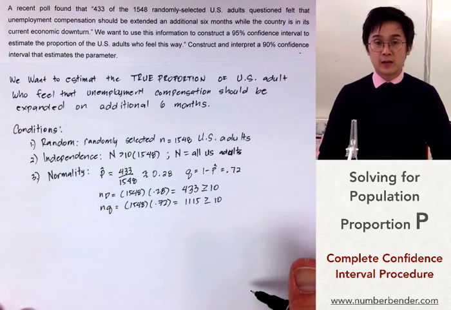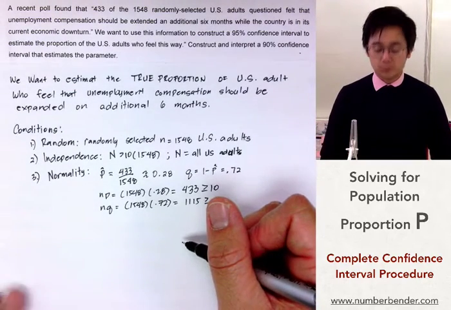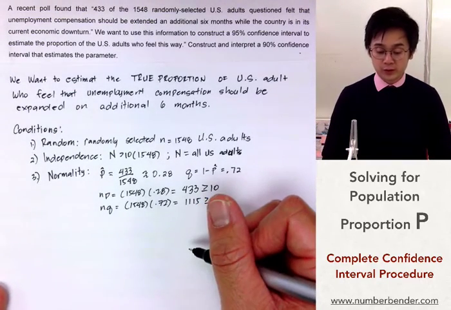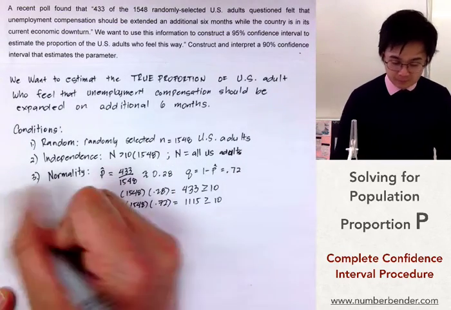Now let's write out the test that we're going to be using, the one proportion or one sample proportion z interval. So let's write it down.